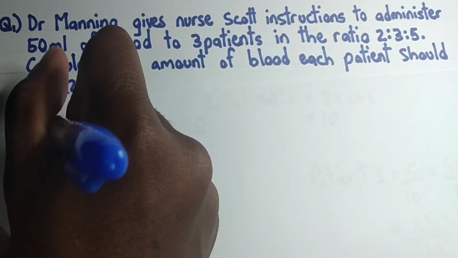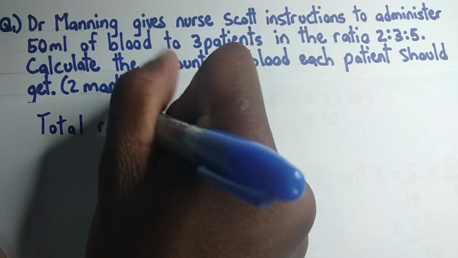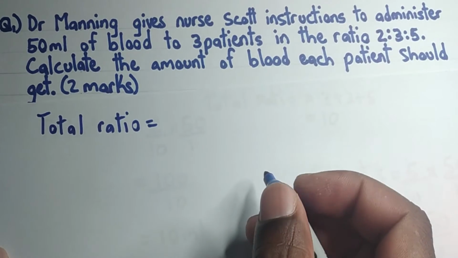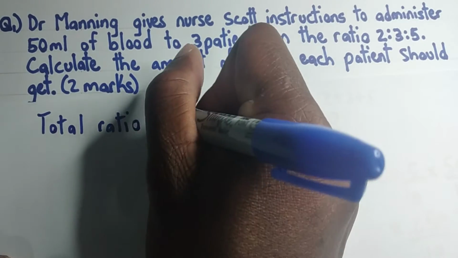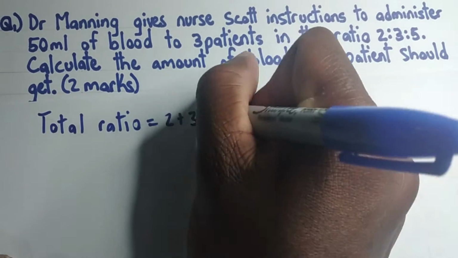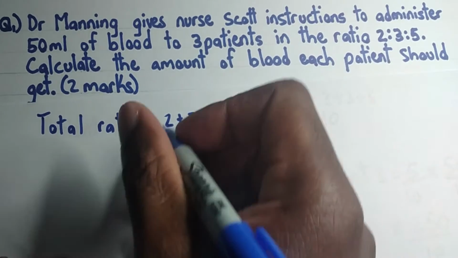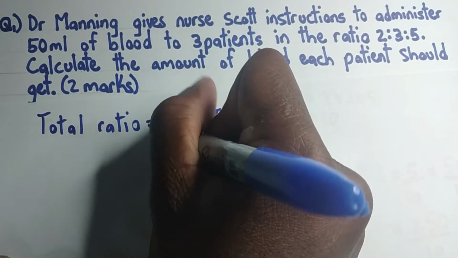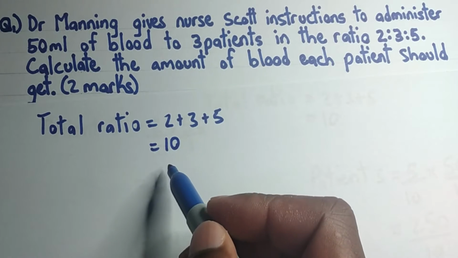And how do we obtain the total ratio? All we are simply required to do is to add these ratios that we got. So we'll add 2 plus 3 plus 5. So this will give us 10. So 2 plus 3, that's 5, plus 5, that's 10. So the total ratio would have been 10.